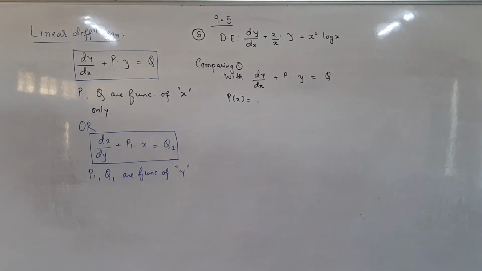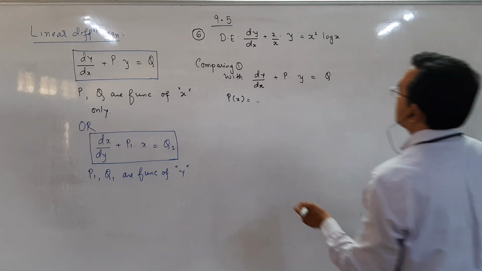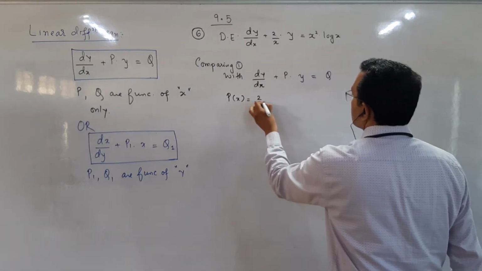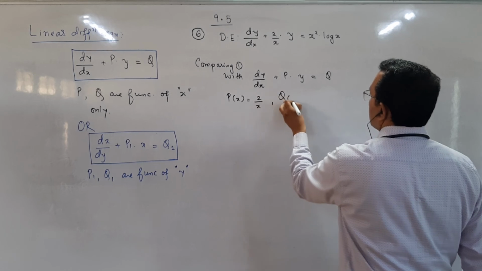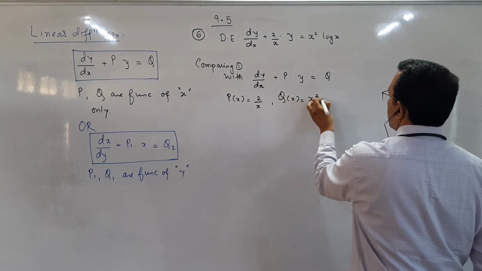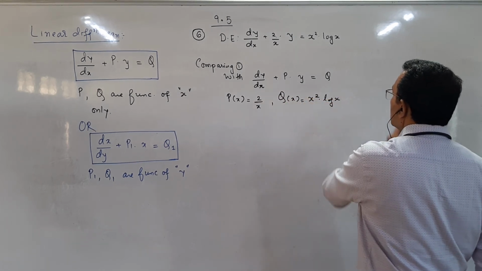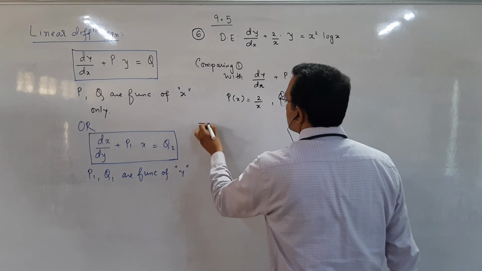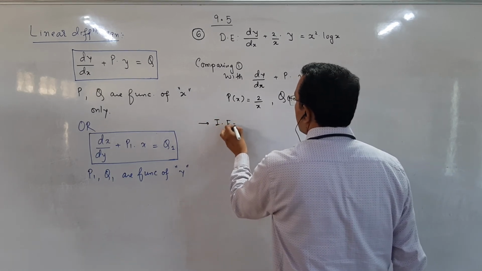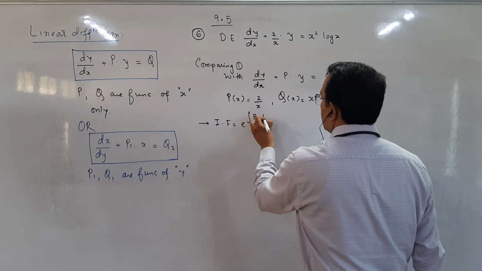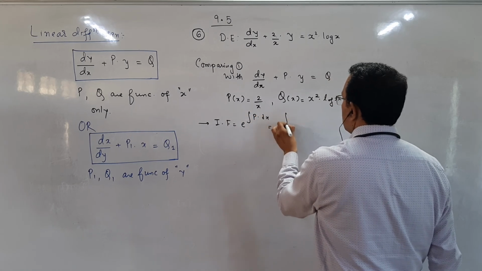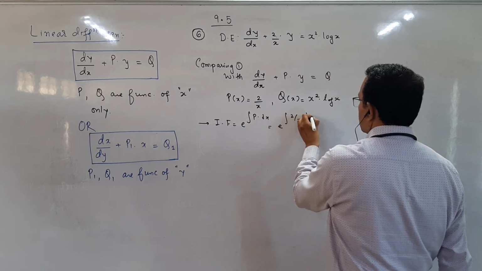Okay, students, now concentrate. All the sums have a similar approach. So students, here p of x is 2 by x and q of x is x square into log x. So integrating factor will be e raised to integration of p dx, e raised to integration of 2 by x dx.